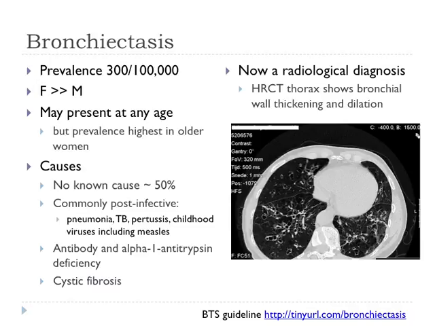And what it turns out that she has is a condition known as bronchiectasis, which is much more common in females rather than males. It may present at any age, but does tend to present with the highest prevalence in older women. A lot of the time it just comes out of the blue sky, and we don't know what the reason is that it's developed.